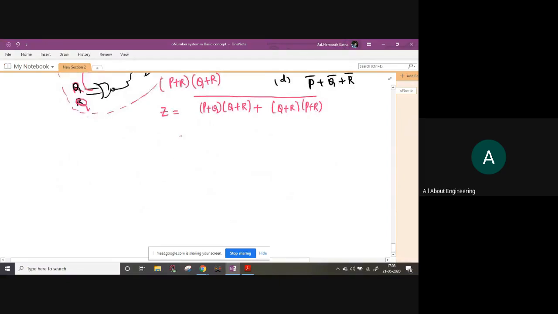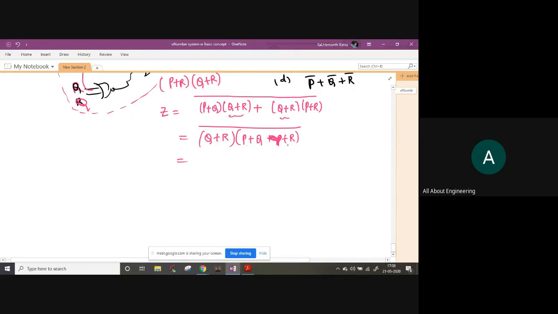Now clearly you can see you can take common Q plus R and Q plus R. So I am taking Q plus R as common. So I am left with P plus Q plus P plus R whole bar. Now P plus P is P, so I can cancel one.